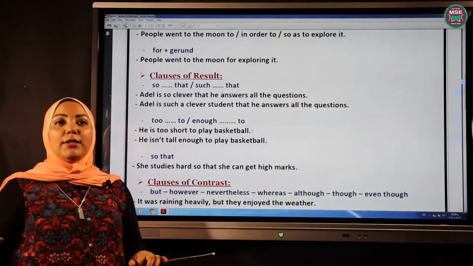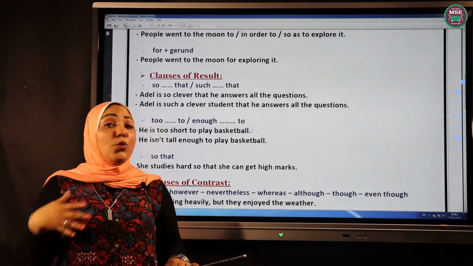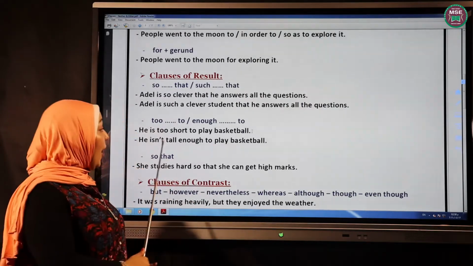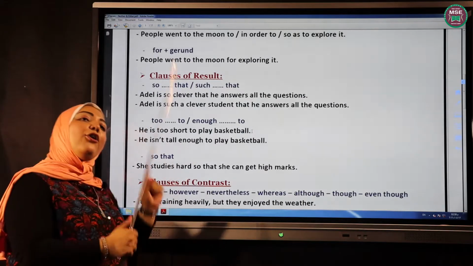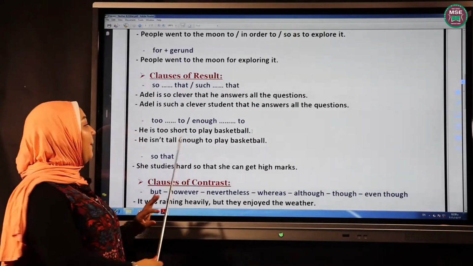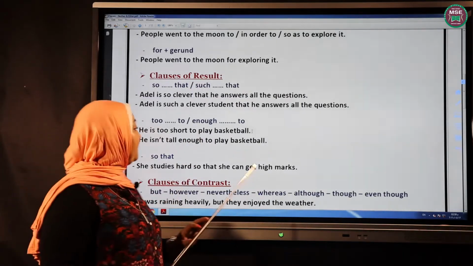He isn't tall enough to play basketball. Enough is the opposite, okay? It expresses positive meaning. So once you want to express a negative, you have to use too, simply, okay? And as you see here, too is followed by the adjective, but the adjective comes before enough, okay?